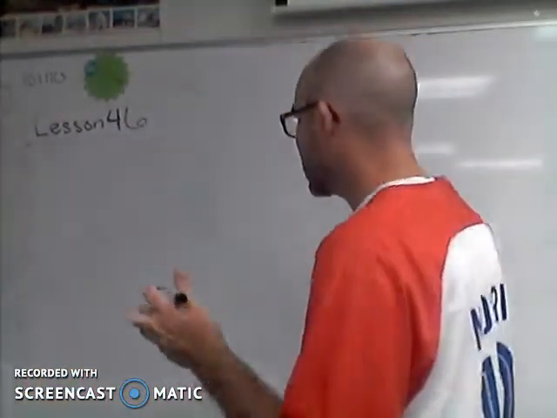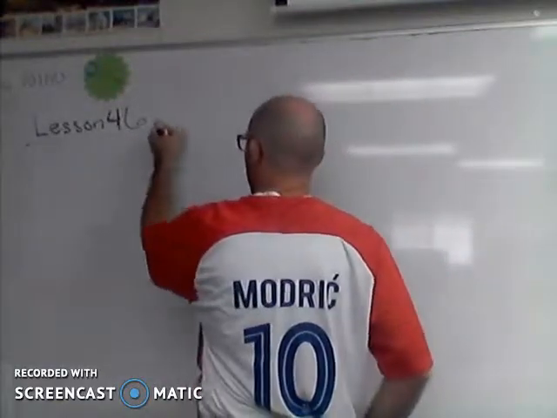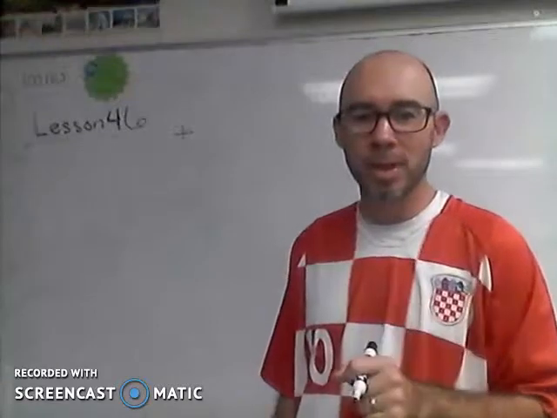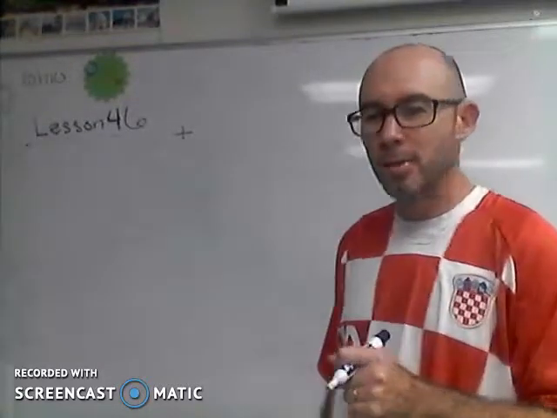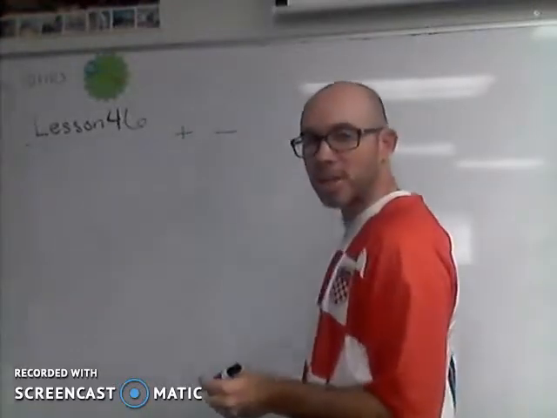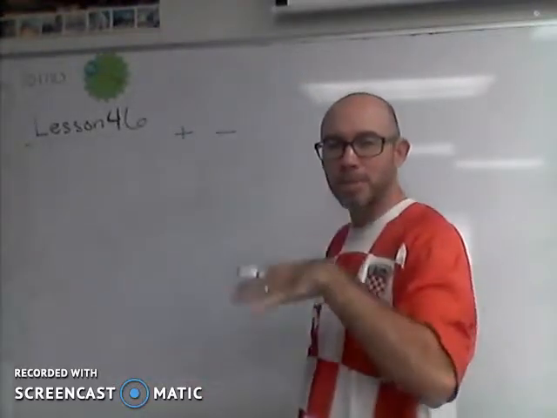Okay. So, what are we talking about today? Well, we're going to talk about operations and opposite or inverse operations really quickly here. We've got our basic operations, subtraction and addition, which are obviously opposites of each other.